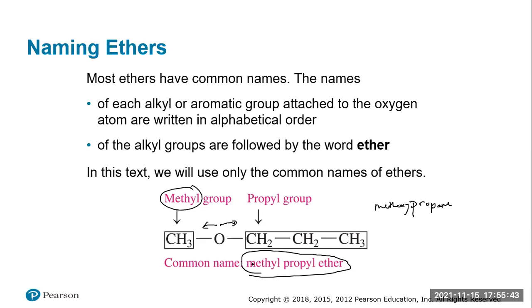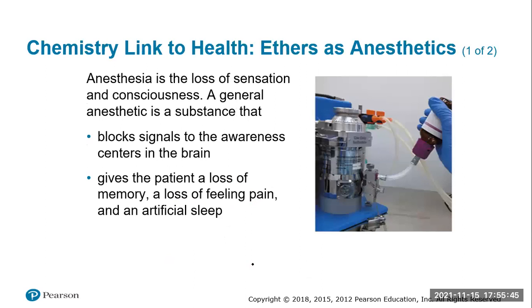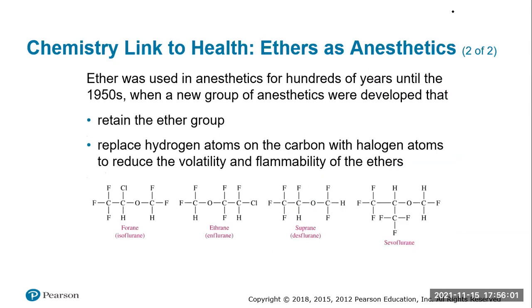Okay, so in terms of ethers, obviously they're used as anesthetics, which puts you to sleep, which is really good when you're having surgery or something like that. Ethers were used for this purpose for a lot of years. Over the years, they've changed out some of the hydrogens on ethers with fluorines, and they found it a little bit easier to work with, not as flammable, which is good, and with a little bit fewer side effects.